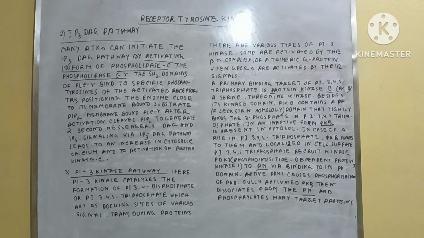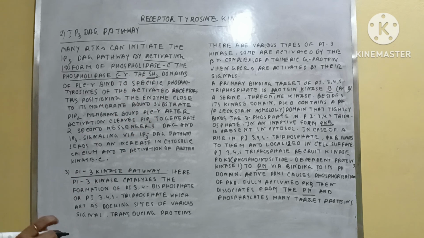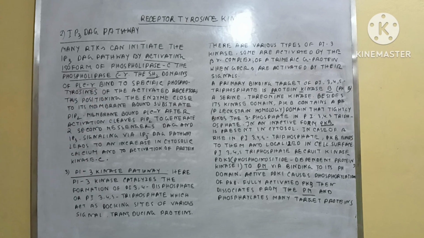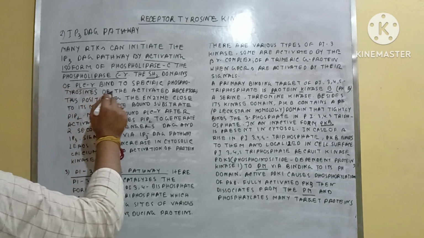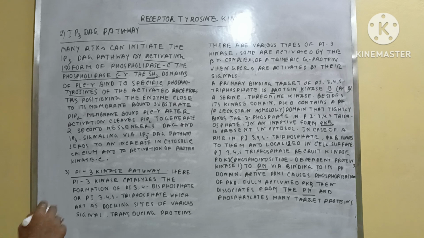This IP3 DAG pathway is activated only in the presence of the SH2 domain. I have explained this SH2 in my previous video, so you can check it out. The SH2 domains of PLC gamma bind to the specific phosphotyrosines of the activated receptor. When any ligand is bound to the receptors, the receptors become activated.